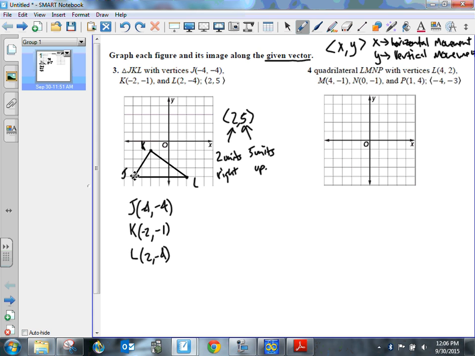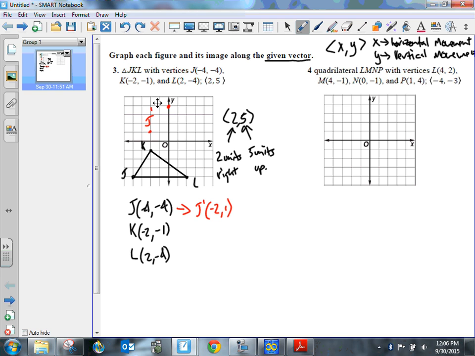So each point, when I translate it, is going to be 2 units to the right and 5 units up. If I plot point J prime after this translation, 2 units to the right, so count 1, 2, and then 5 units up, 1, 2, 3, 4, 5. That's point J prime, which has the point -2, 1. Now let's do that for point K. I go over 2 to the right, and then 5 units up, 1, 2, 3, 4, 5.